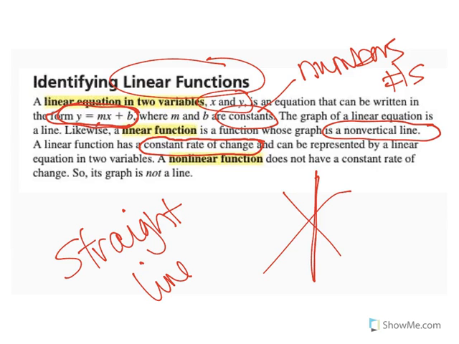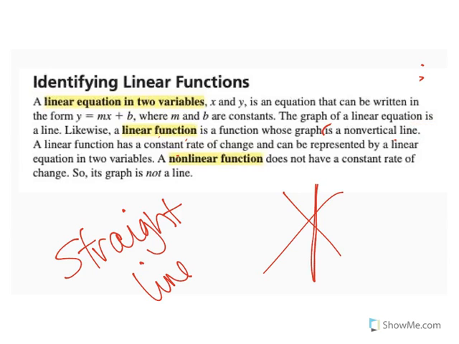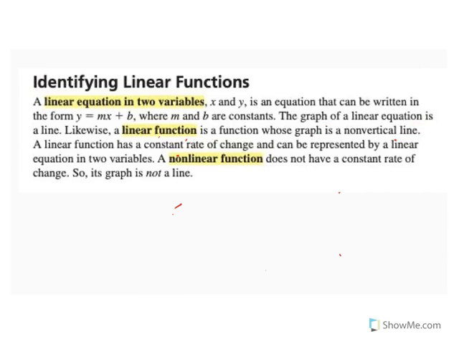So here's what I'm going to erase all my scribbles. Go back if you want my scribbles as part of your notes. Okay? But here's what I would like to see you write down. Y equals mx plus b, and then m and b are constants. You might want to use the word numbers instead of constants.